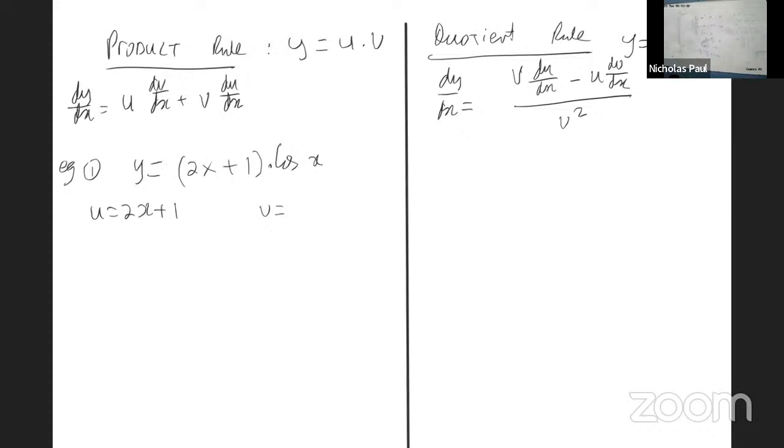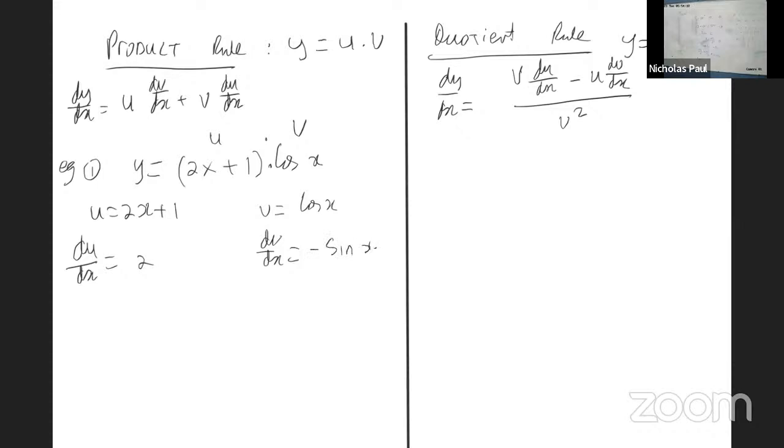Where's v? So this here is your u and this here is your v. So your v is cos x. What's the differential of u? What's the differential of 2x plus 1? 2. What's the differential of cos x? Minus sin x.